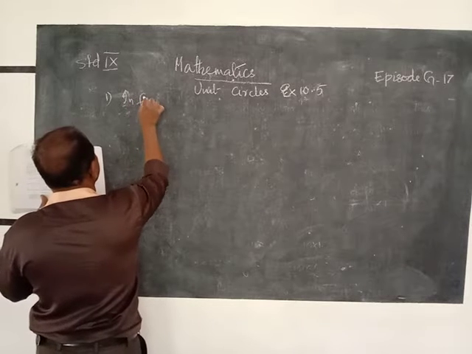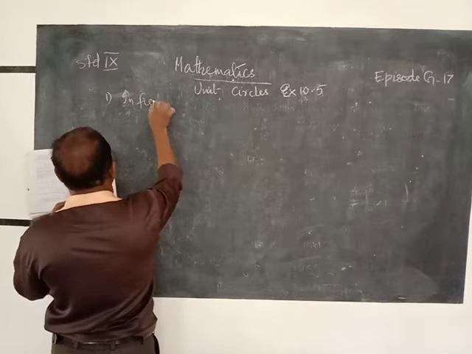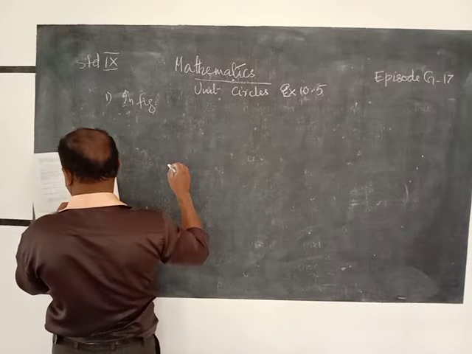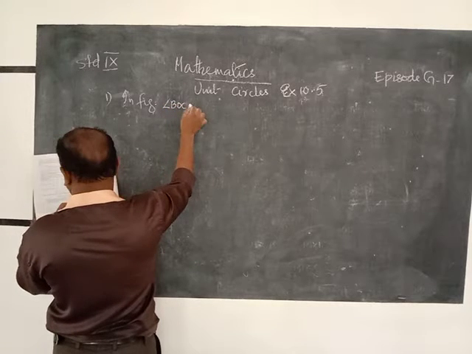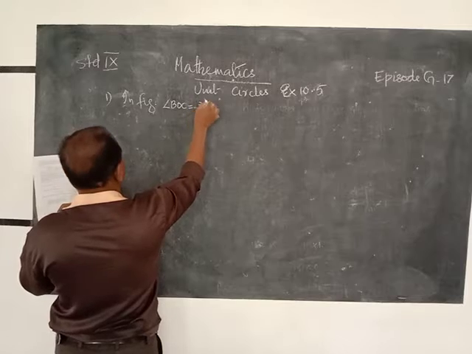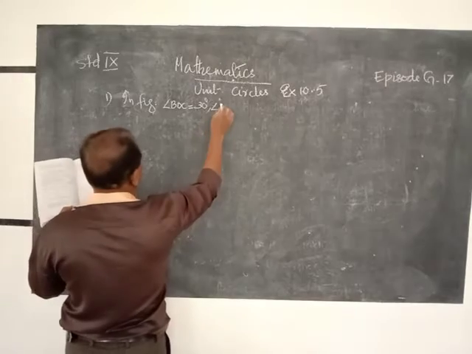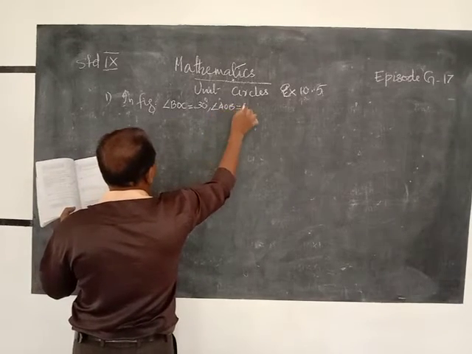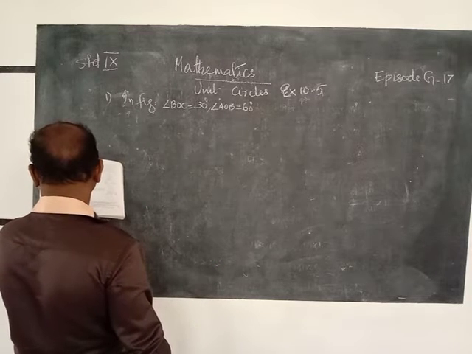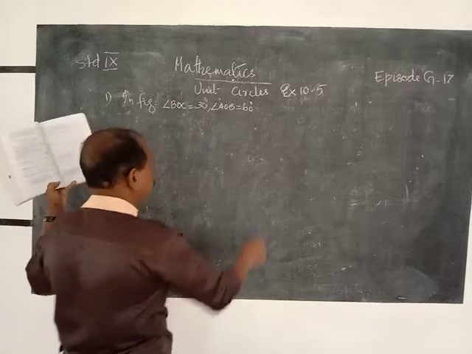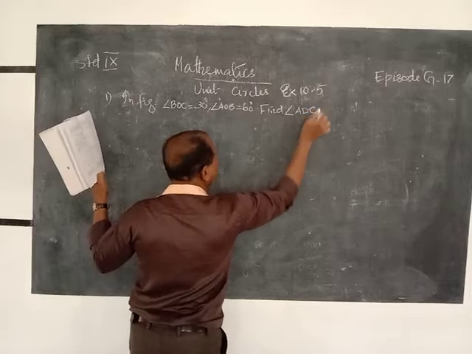In the figure, angle BOC is equal to 30 degrees, angle AOB is equal to 60 degrees. Find the angle ADC.